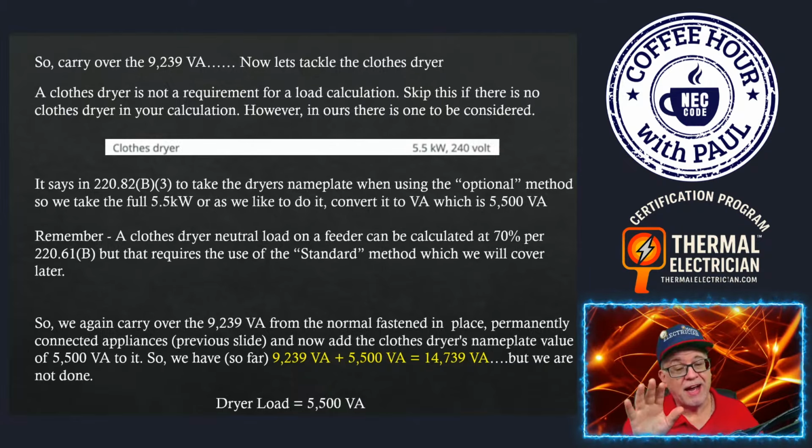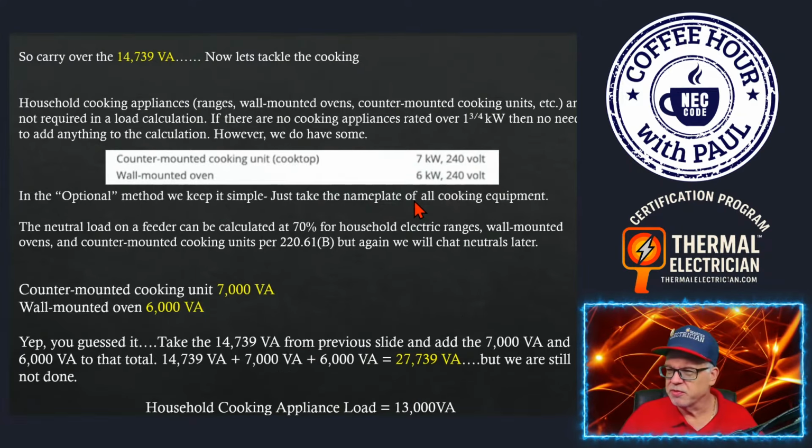Well, in the optional method, or Part 4 method, we're going to take specifically whatever the nameplate gives us, even if it was less than 5,000. In this case, it was 5,500, as you see right here on the screen. So we're going to take the 5,500.